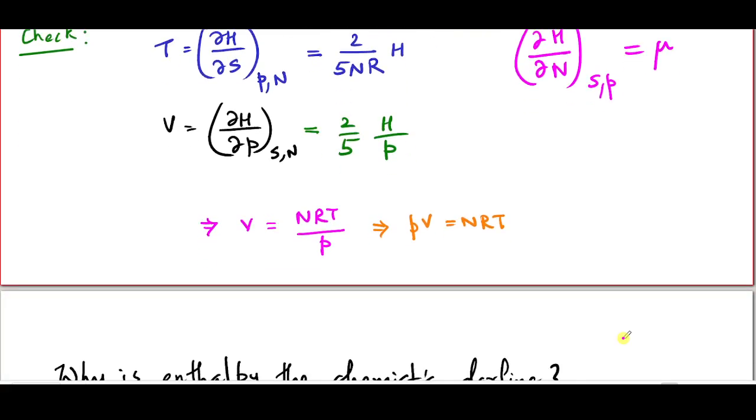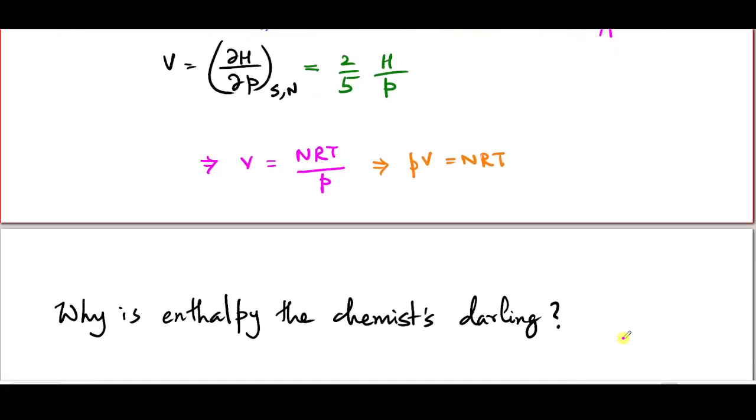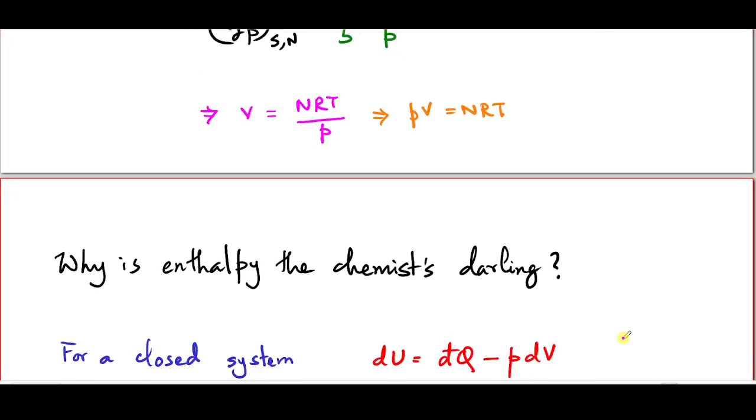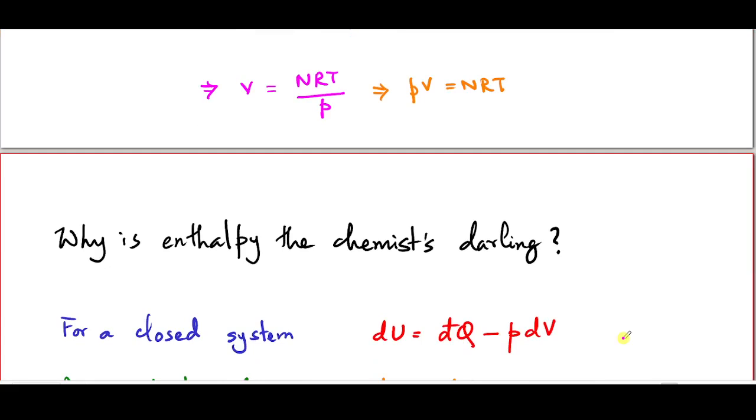So the question that can naturally arise is, why is enthalpy the chemist's darling? Why do chemists talk about enthalpy all the time in their treatments of thermodynamics? The answer actually follows from the fact that enthalpy is easier to deal with in most chemical situations.